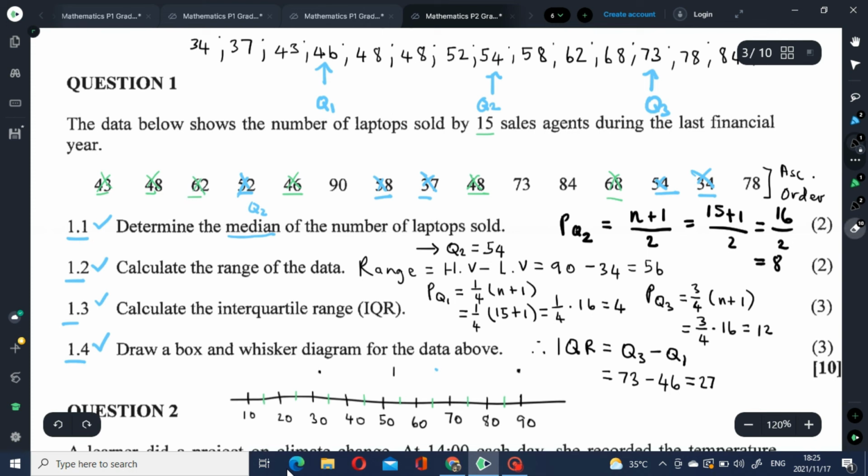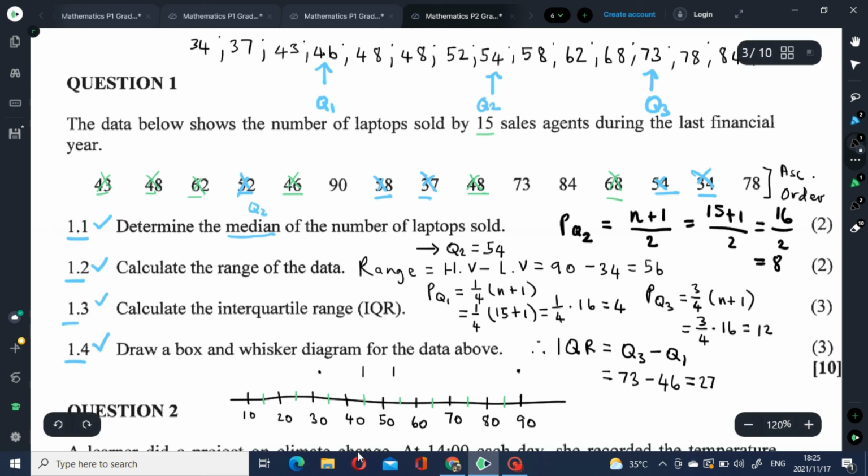And we draw a line for 54, the middle quartile, Q2, or the median. You do the same. You draw a line for the lower quartile, which is Q1, right?